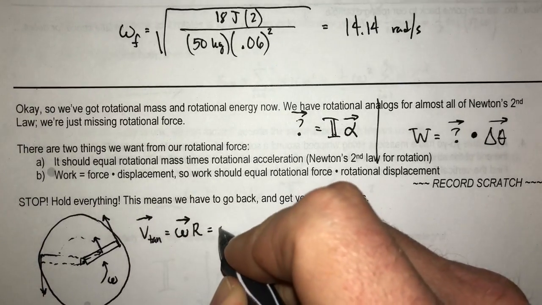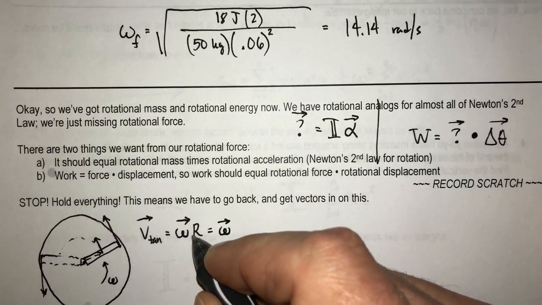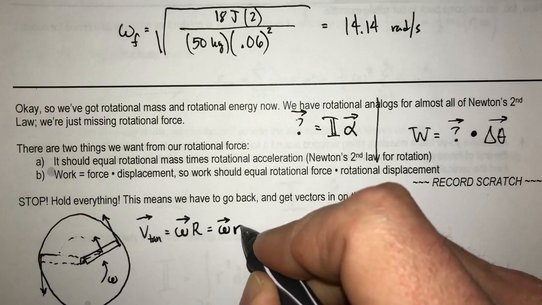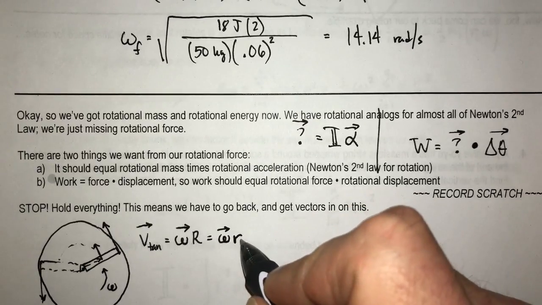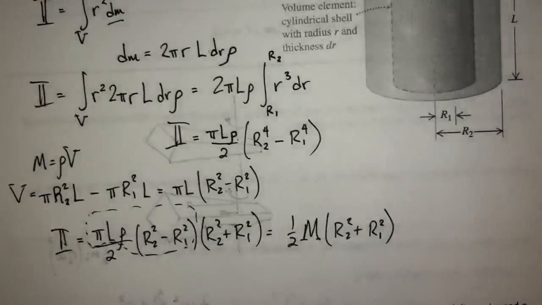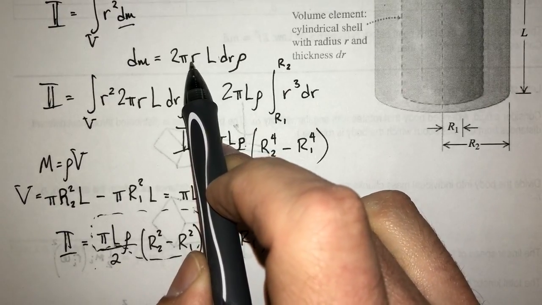So I'm going to use not capital R, not the whole radius of the thing, but little r, just to underscore the fact that, sort of like in the moment of inertia calculation, that radius can change.